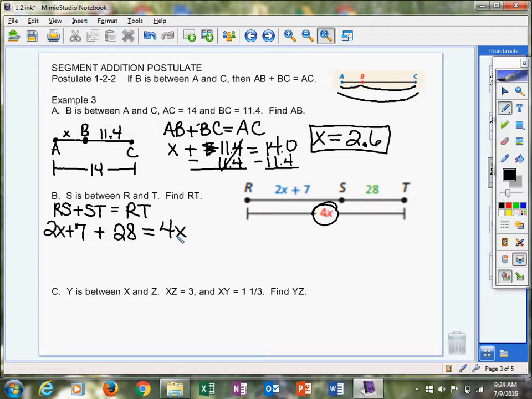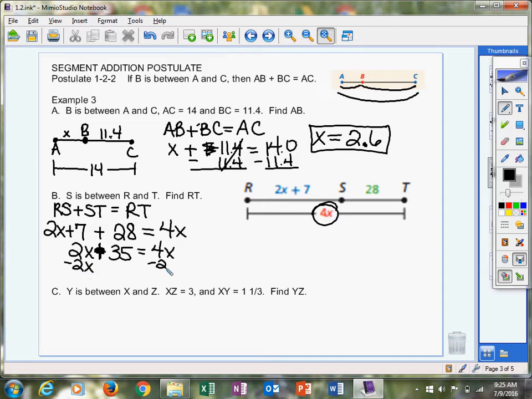Okay, so conventional wisdom says, let's solve this like we normally would have done last year at this time. Let's add our like terms together. 7 plus 28 appears to be 35. And then what we should do here is go ahead and maybe take away 2x from each side.